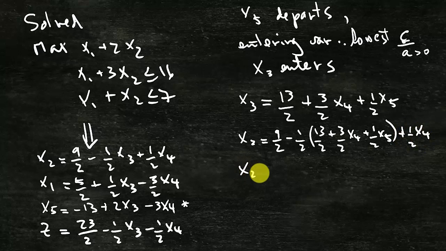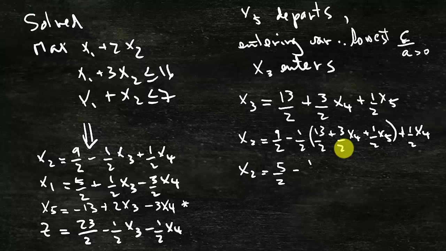Which means that x2 will be equal to 18 minus 13, that's 5/2. And then we have minus 3/4 plus 1/2, that's minus 1.